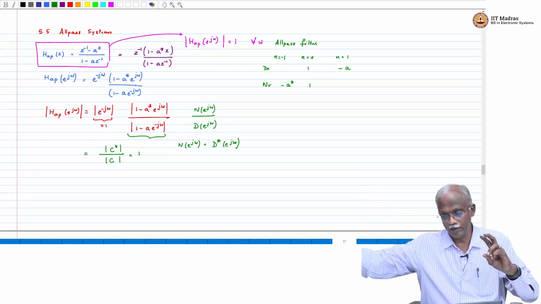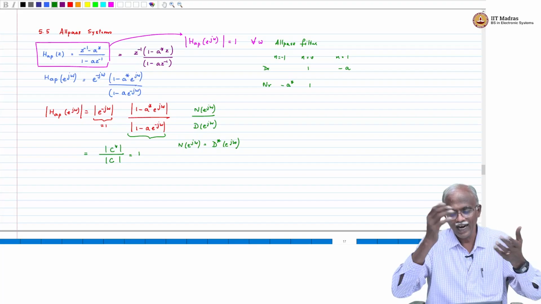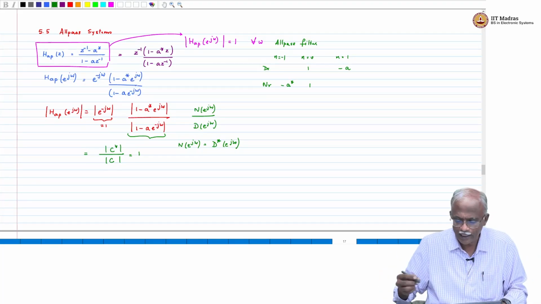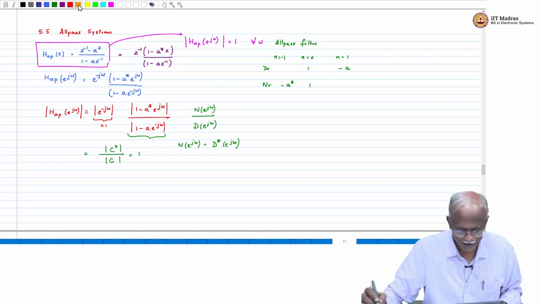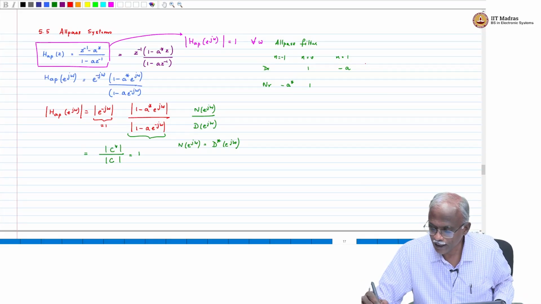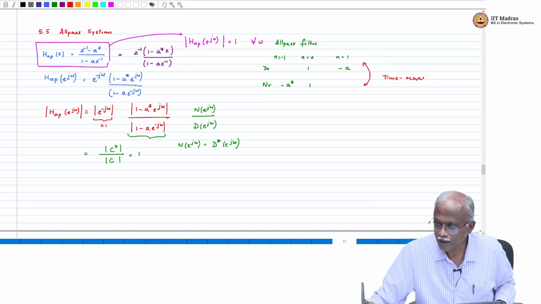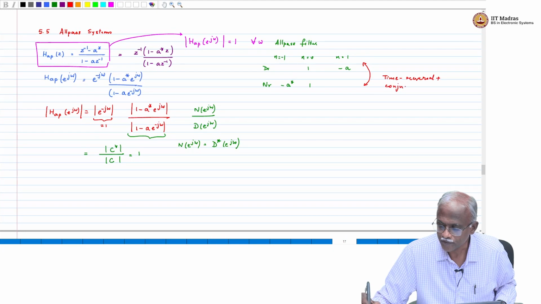Basically plus 1 went to minus 1, and there's a conjugation. So we note that between the numerator and denominator there is a time reversal plus conjugation.